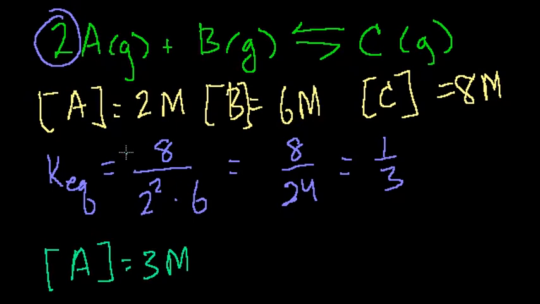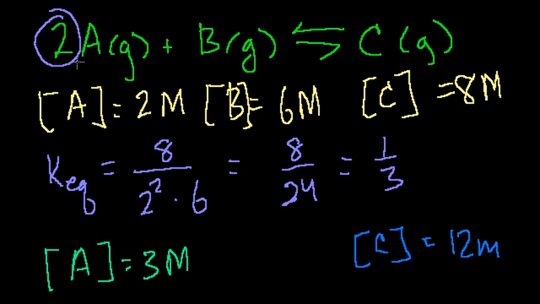Whatever was extra beyond the 1 was consumed, and I'm just left with this equilibrium concentration of 3. So I could have added more than that. And let's say that our new equilibrium for C is 12 molar.